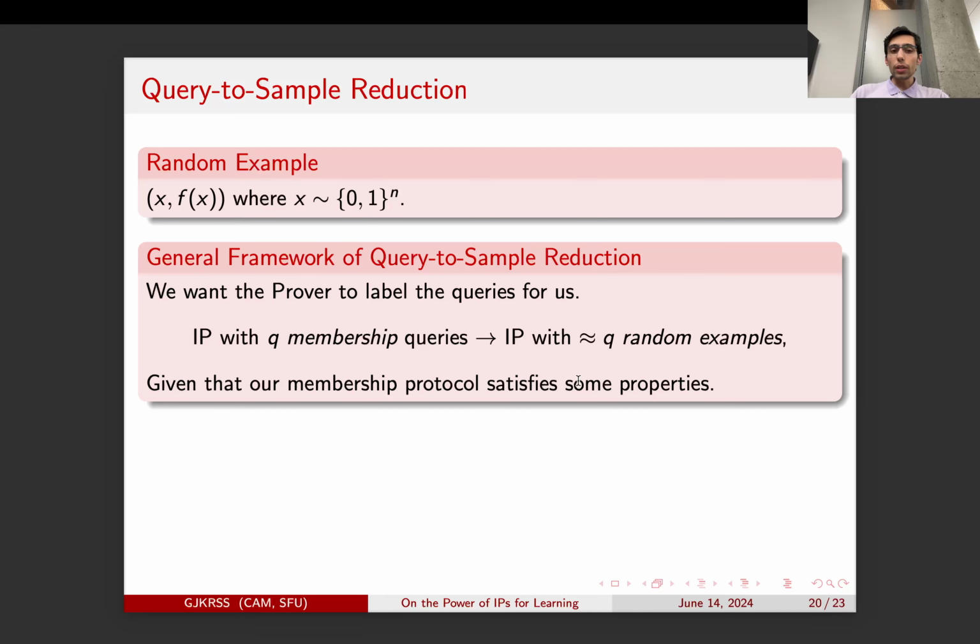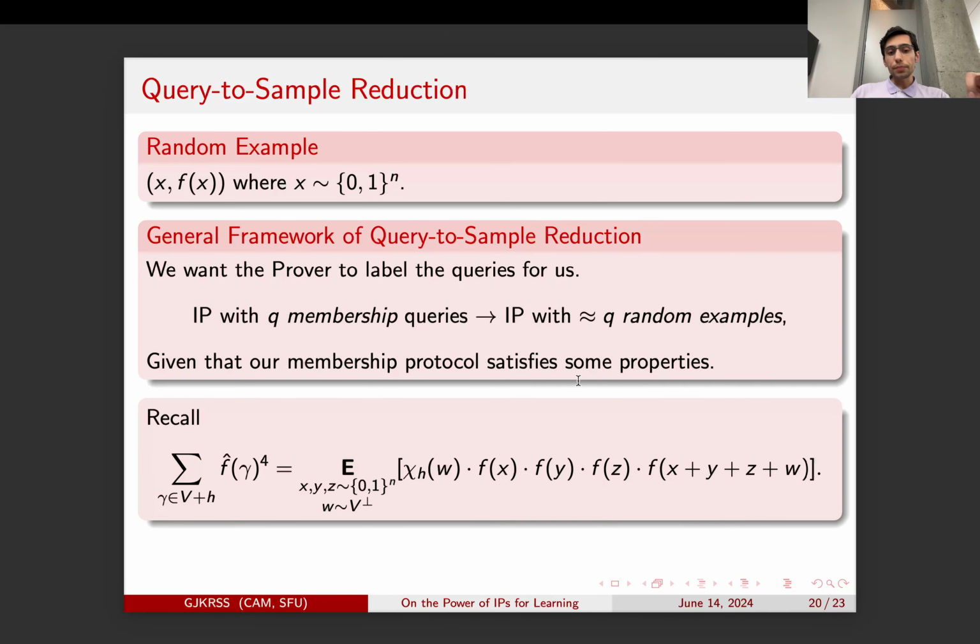So we developed this general framework of query to sample reduction where we delegate the task of labeling to the prover. So if we start with an interactive protocol that uses membership queries, given that this protocol satisfies some properties, we can turn it into a protocol where we use the same amount of queries, but instead the verifier uses random examples only.